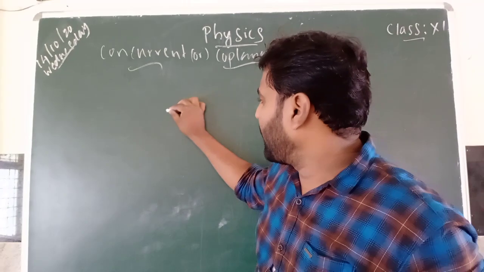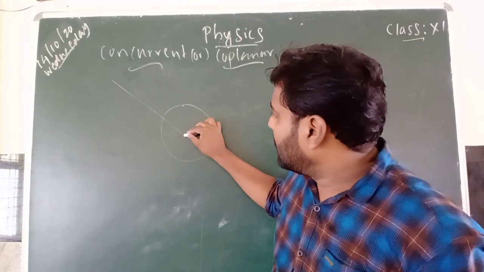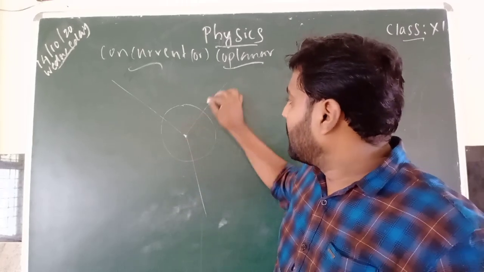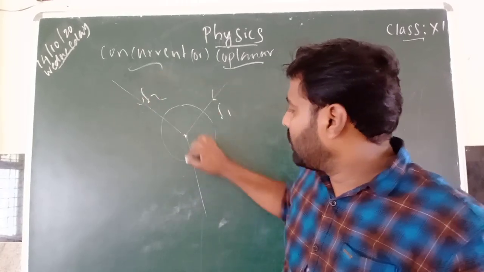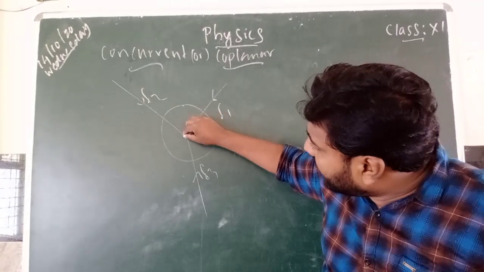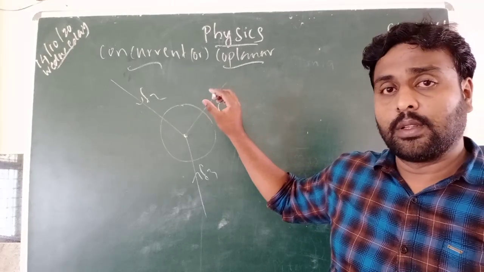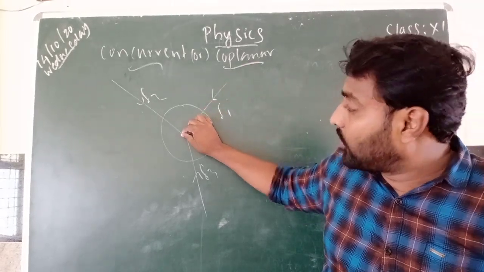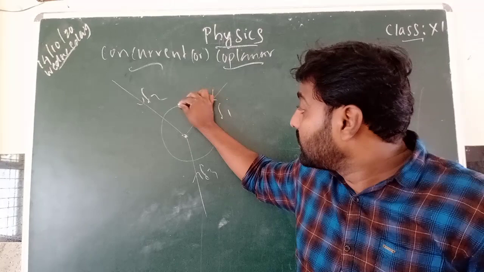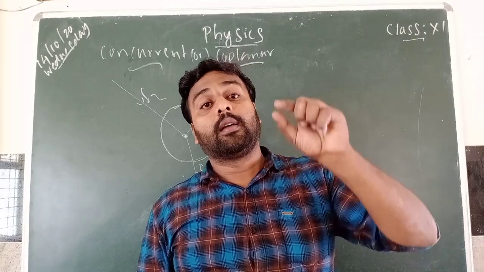Assume that this is one plane, and in this plane some forces are acting. Three forces, F1, F2, F3, are acting at a common point. So three forces acting at a common point, we can tell it is in the same plane.